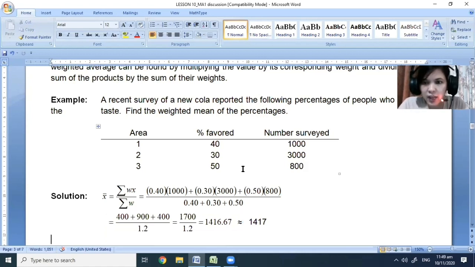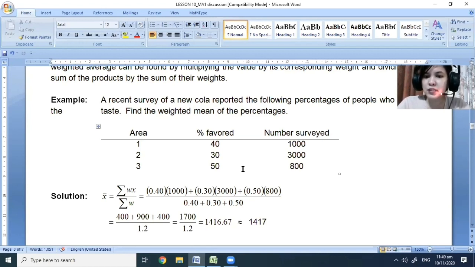And it was found out that the majority of the respondents who liked the taste of the cola came from area 3 with 50%. But we just have 800 respondents from that area. So 50% of 800 is 400. Then 40% liked the taste of the new cola from area 1 with 1,000 respondents.